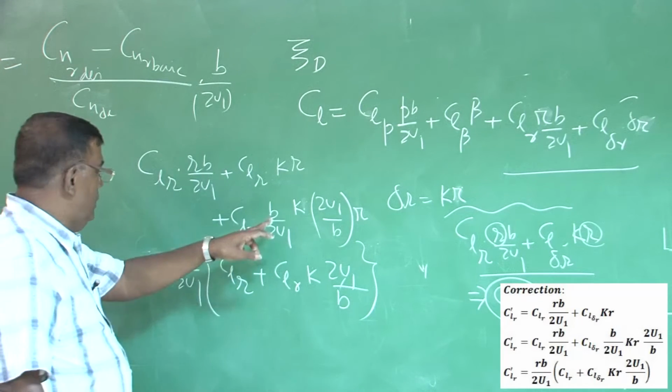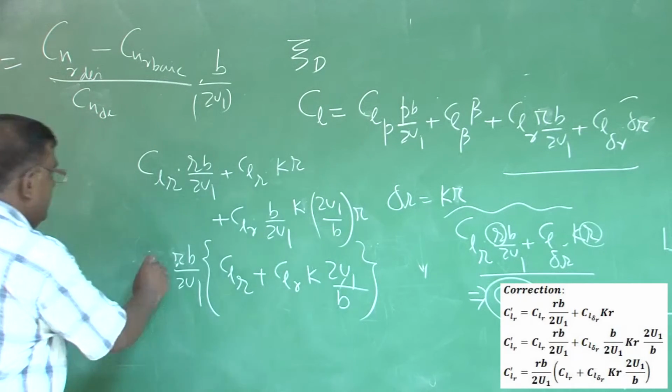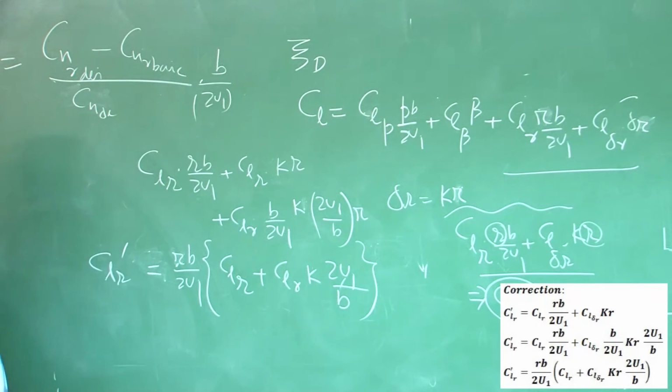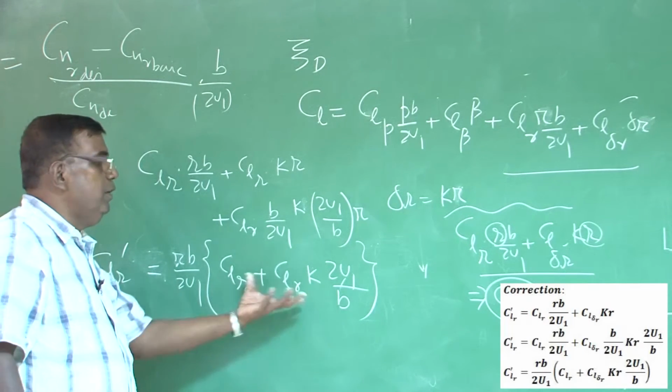Because I have taken Rb by 2u1, yes, correct. You can yourself also do, please understand this. So this is the effective CLR now, sum of all this.